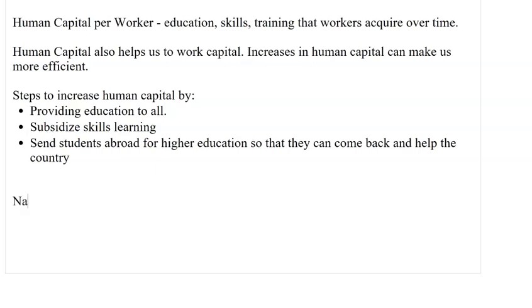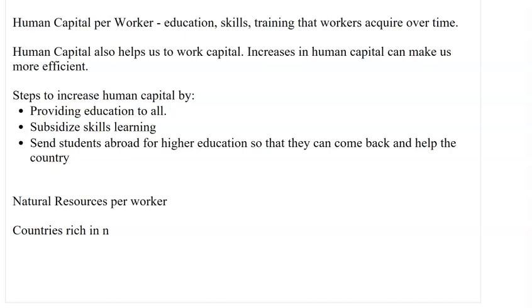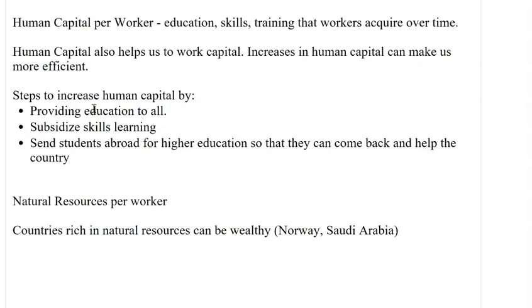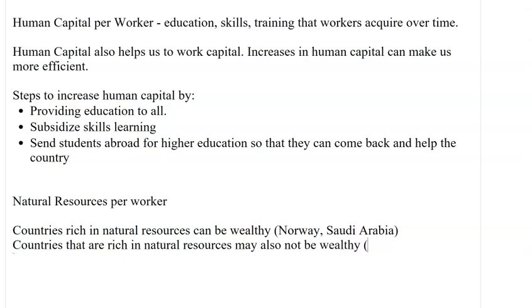The next one is natural resources per worker. Natural resources are very important, as we said, and usually countries rich in natural resources can be wealthy. We see that in some cases like Norway and Saudi Arabia, but countries rich in natural resources may also not be wealthy, like Congo.